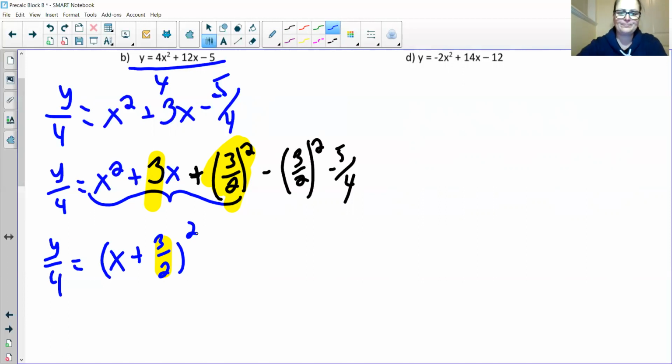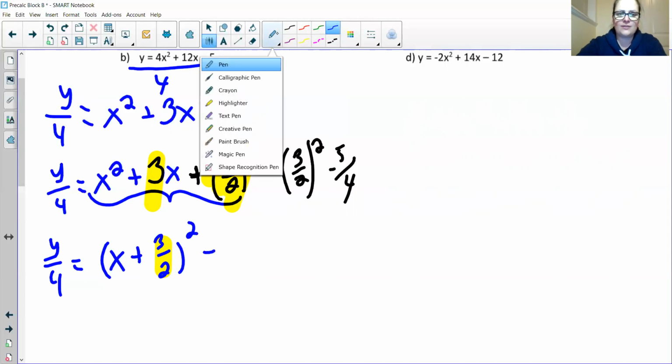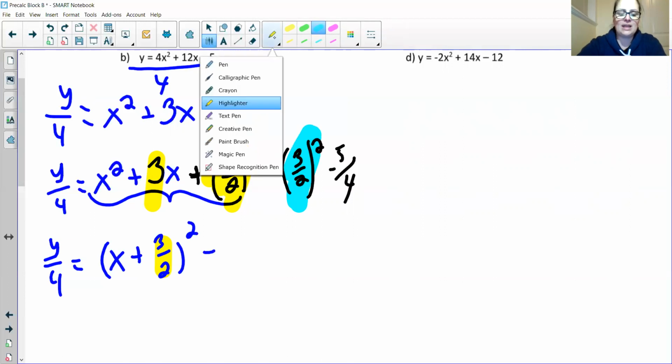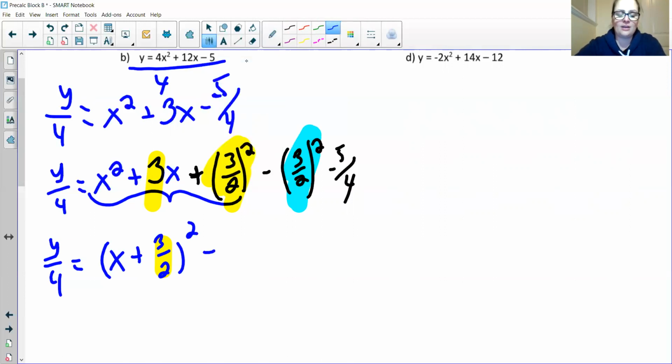Okay, guys? I'm actually going to expand this fraction right here because I'm going to end up with the same denominator as that other fraction. 3/2 squared is the same thing as 3 squared, which is 9/2 squared, which is 4, minus 5/4.